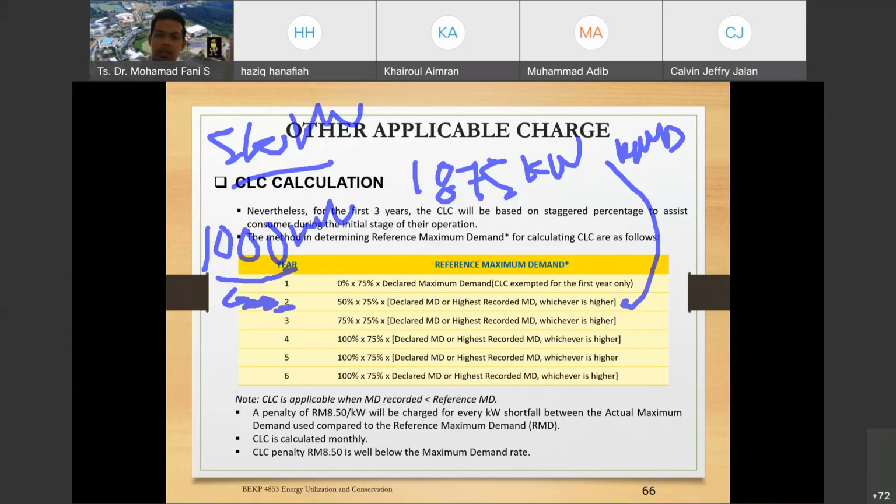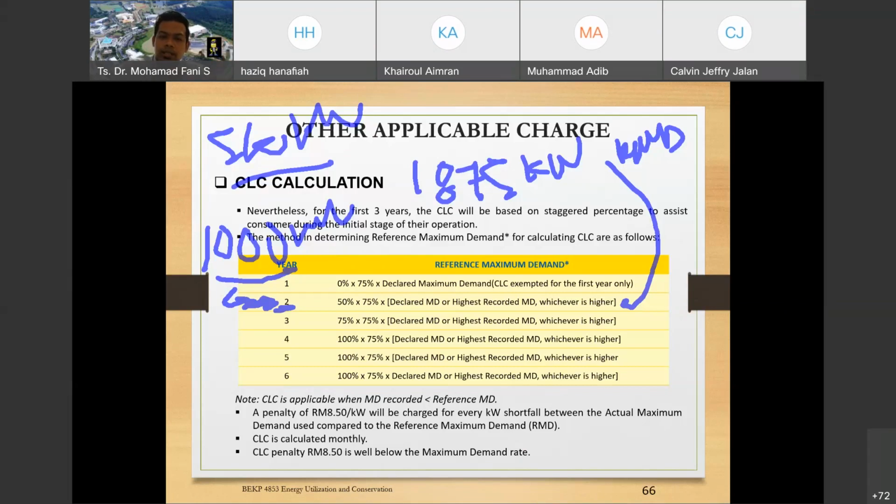So the balance of 875 kilowatt will be charged, because this building should achieve an RMD of 1,875 kilowatt or more for the second year. This is the determination. TNB says you need to achieve more than this value of the RMD, the reference maximum demand. But for this one, you did not achieve it. You only achieved 1,000 kilowatt.